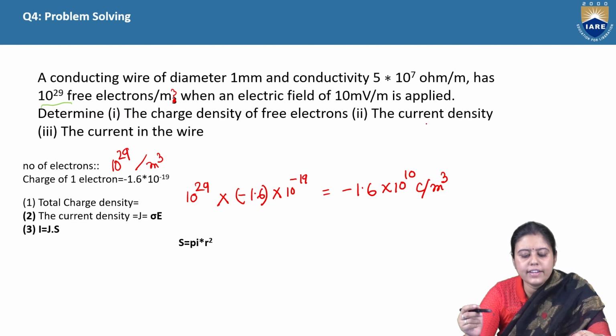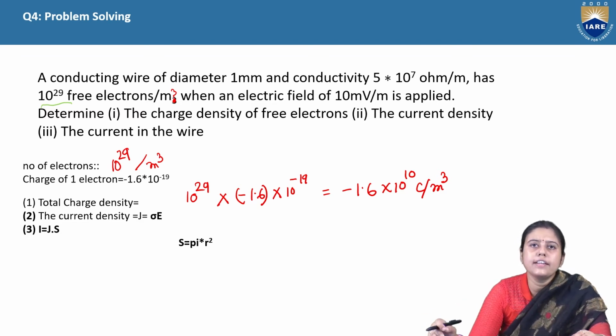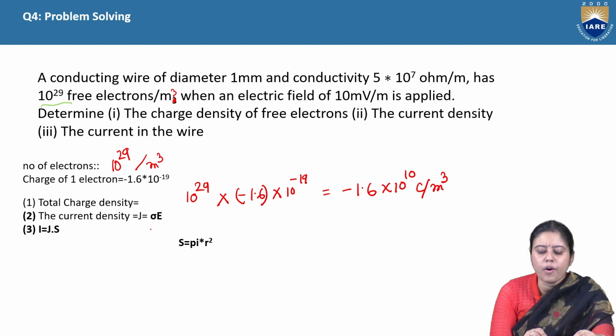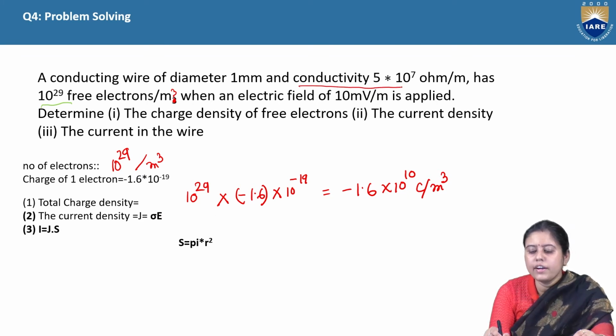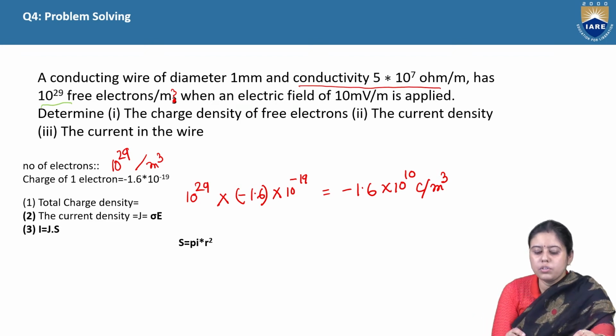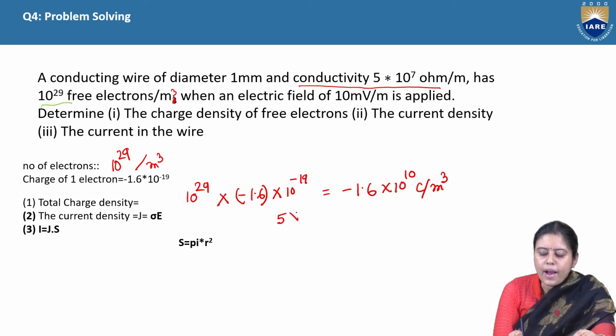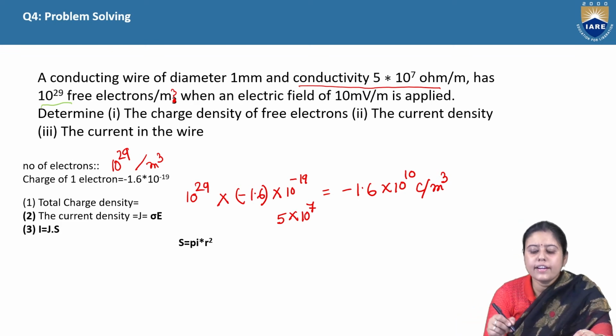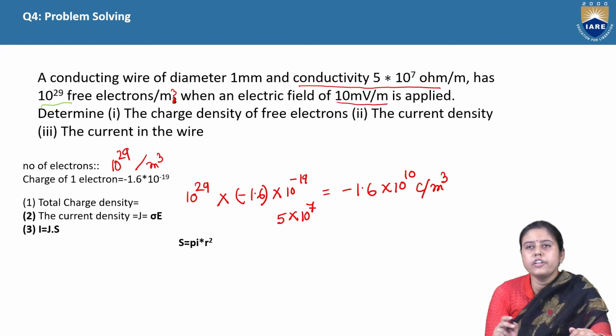Question number 2. What is the current density? How to calculate the current density? Current density formula we have just discussed. In the Ohm's law, we are getting Ohm's law in point form. J equals sigma into E. So what is sigma? Sigma is given as the conductivity, and conductivity is given as 5 into 10 to the power 7. So we will write 5 into 10 to the power 7. What is next? It is given that the electric field is 10 millivolt per meter.